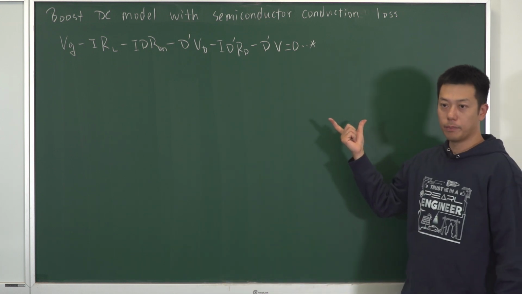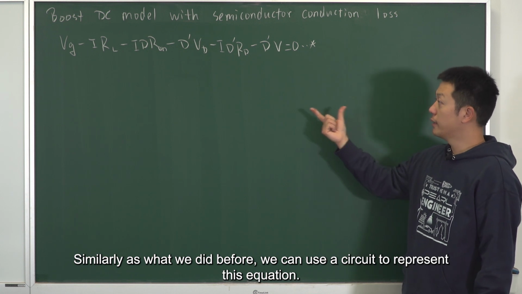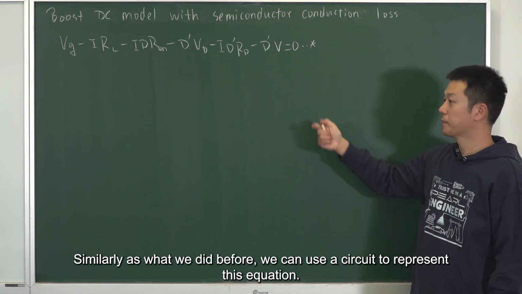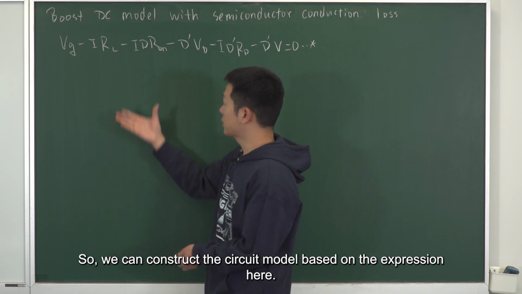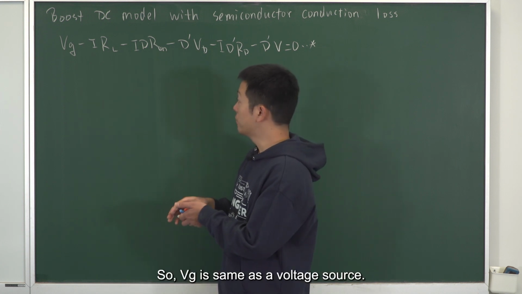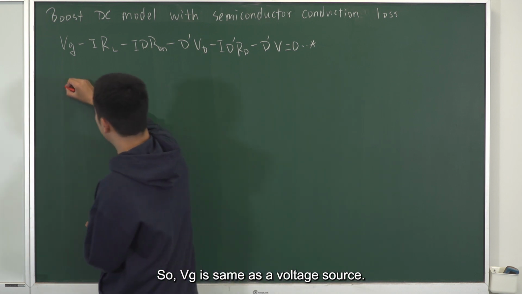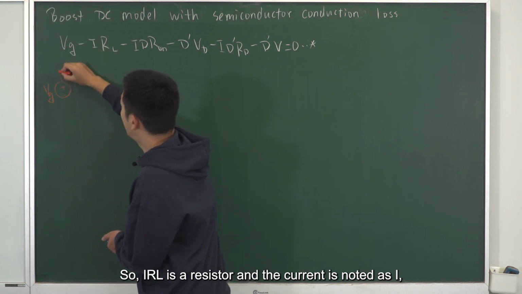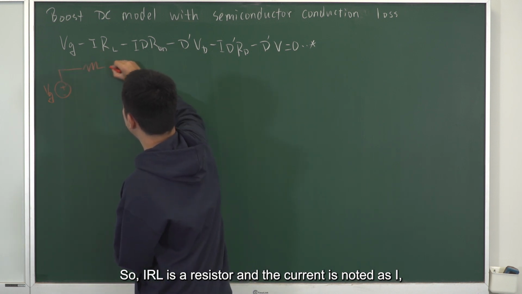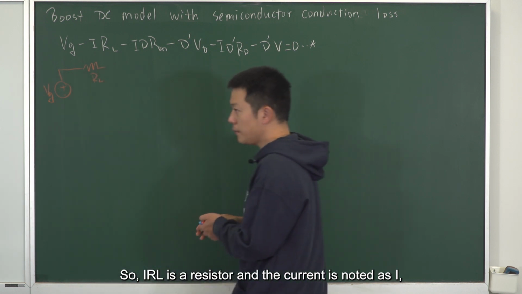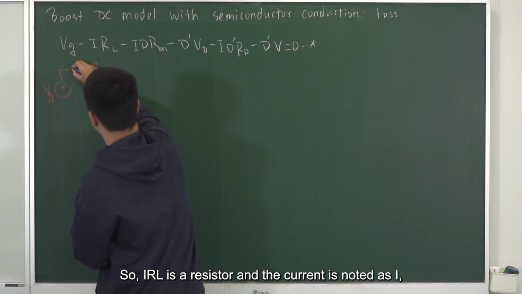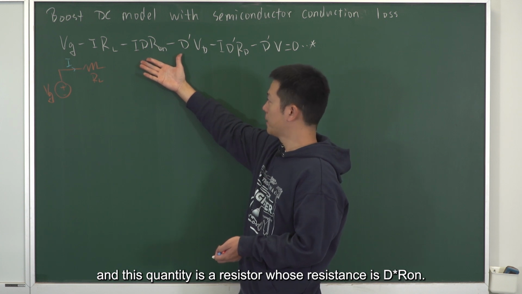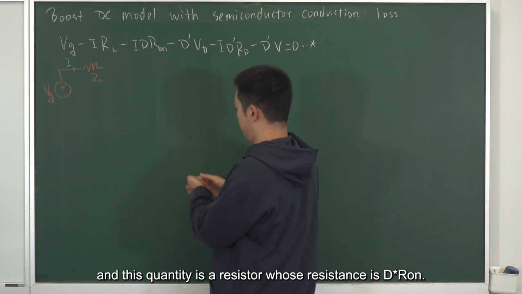Similarly as what we did before, we can use a circuit to represent this equation. So we can construct the circuit model based on the expression here. Vg is a voltage source. I R_L is a resistor, and the current is noted as I. This quantity is a resistor whose resistance is D times R_on.